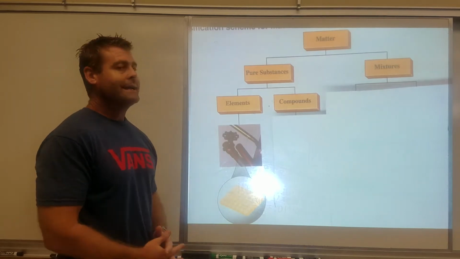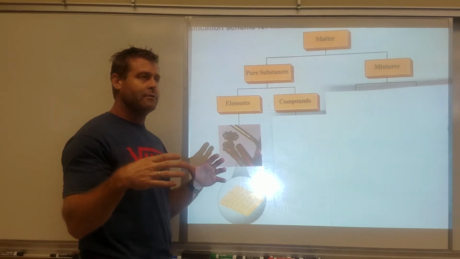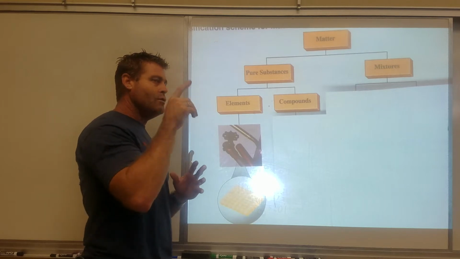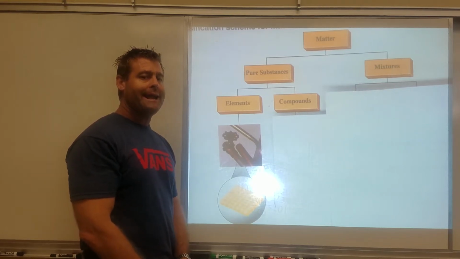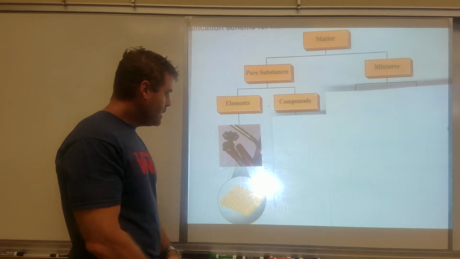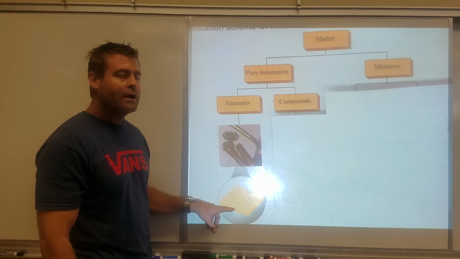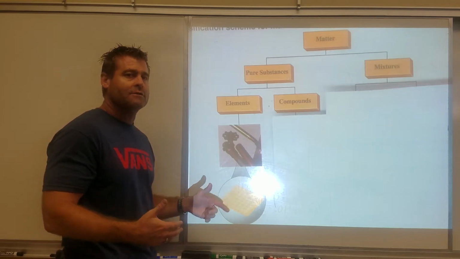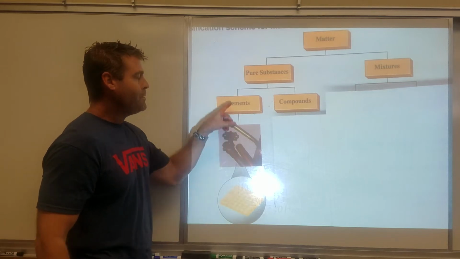How you would recognize an element, when you're in the classroom, and you should also have one readily available for yourselves, is a periodic table. If you can see that element on the periodic table, that would be a pure element, okay? So basically, this just has one type of atom, copper atoms, and there's certain characteristics that make a copper atom, we'll learn that later. So something could be a pure element.